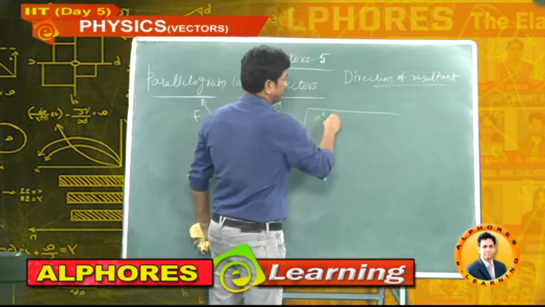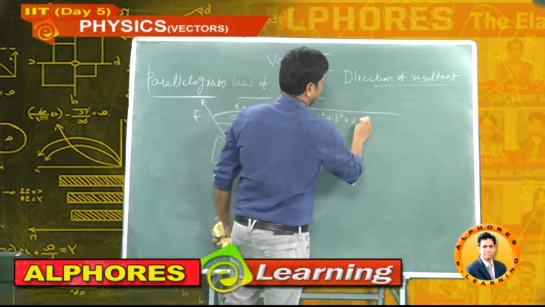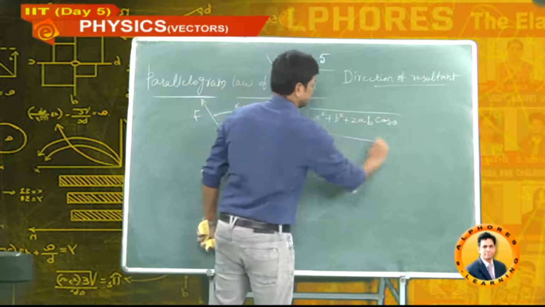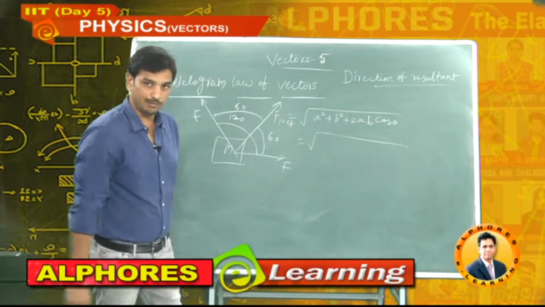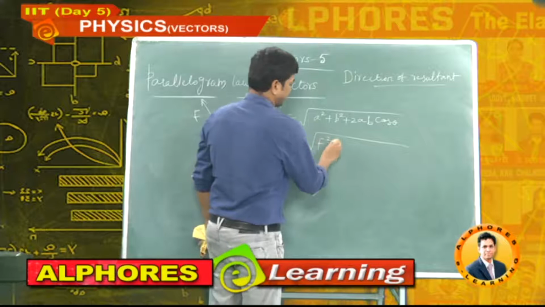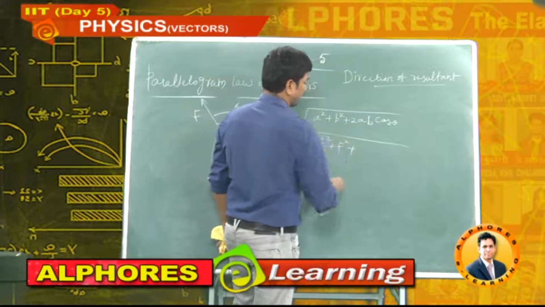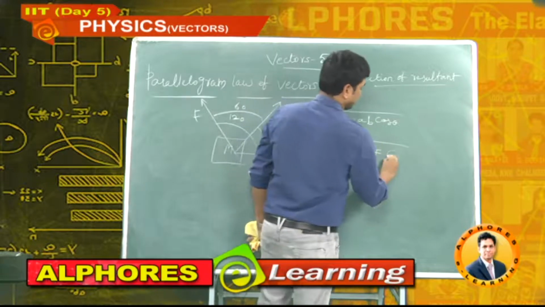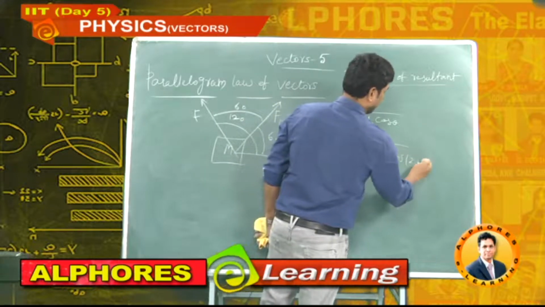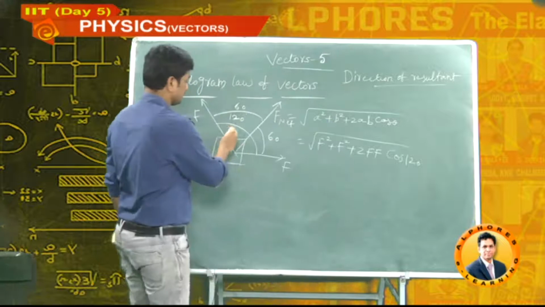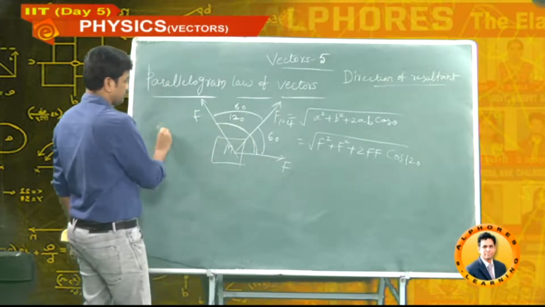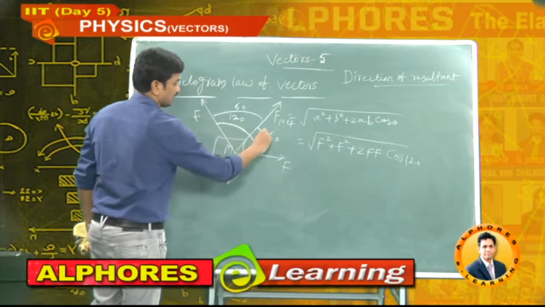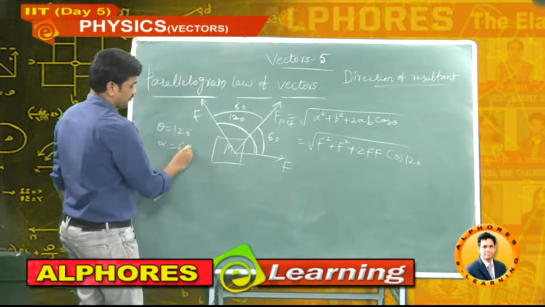Root over a square plus b square plus 2ab cos theta. a value F, b value F: F square plus F square plus 2 into F into F, cos 120. Theta value 120, alpha 60.